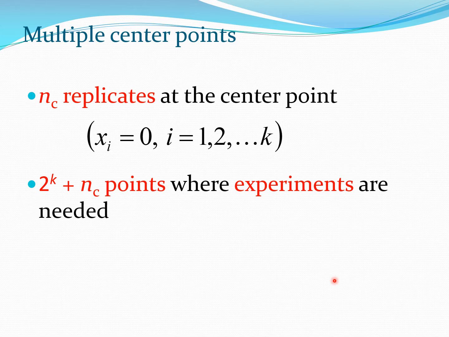And essentially we say that we have n subscript c replicates at the center point. So essentially we will do this particular replication several times. So in that case, you would have 2K plus nc points where experiments are needed. So essentially what is happening here is that at the center run, several experiments are being performed, and at the 2K points only one experiment is being performed.